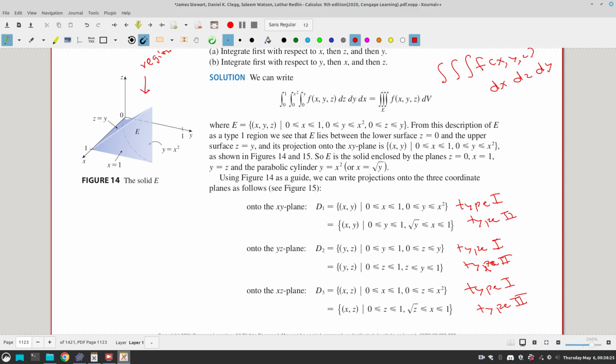So there are two cases. In this case y lies between 0 and 1. In this case also y lies between 0 and 1. So these two are possibilities.